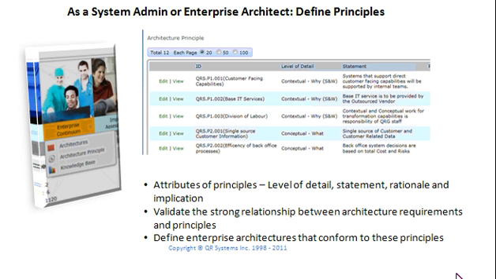In TOGAF, these principles become a form of architecture requirements, where architecture requirements are specifically applicable to a specific capability. However, the principles apply across the capabilities. So you will find principles defined at a contextual, conceptual, logical, and physical level of detail.